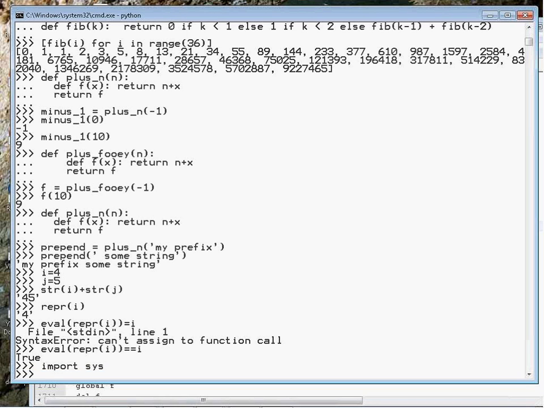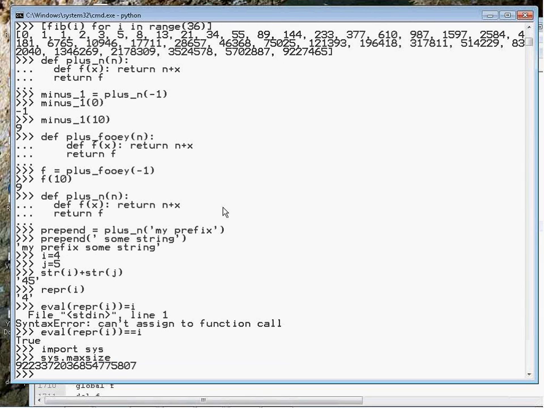What I did with my Python class in fall 2012 was have them, in the first couple of classes, write a loop that shows powers of 2 to the first, to the second, to the third, and then have them get sys.maxsize, and see what sys.maxsize was doing relative to the powers of 2.